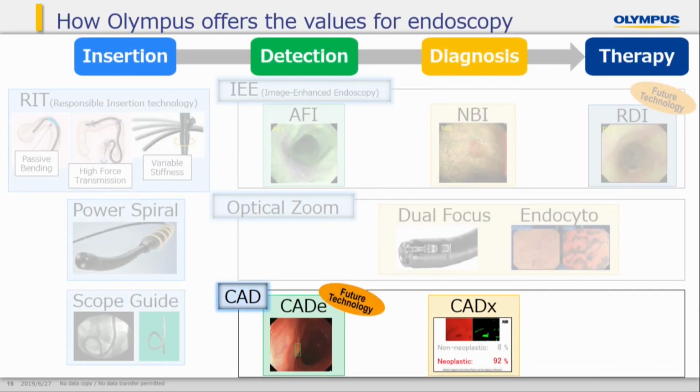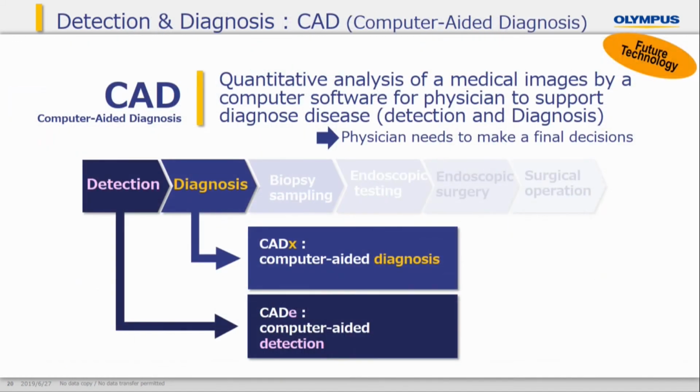And last but not least, I'd like to touch upon CAD. CAD is one of the AI technologies in the medical field, computer-aided diagnosis, which is the quantitative analysis of medical images by computer software to support the endoscopist in disease detection and diagnosis.